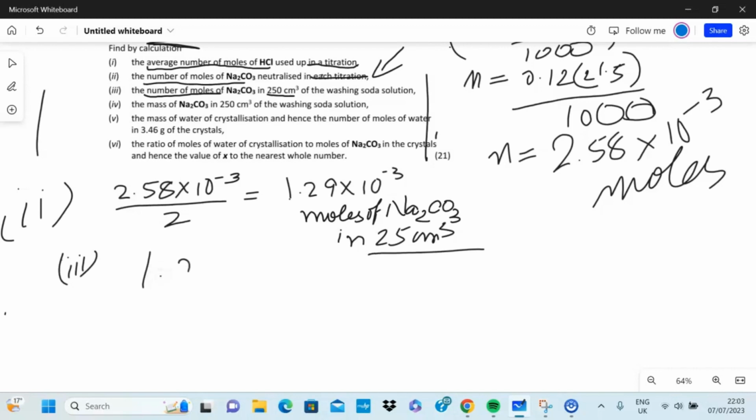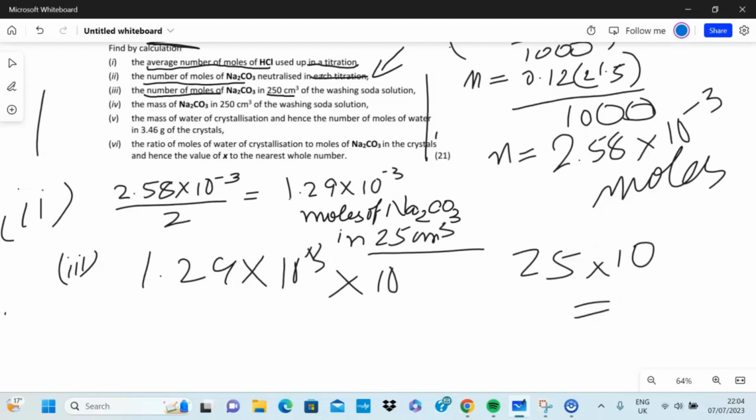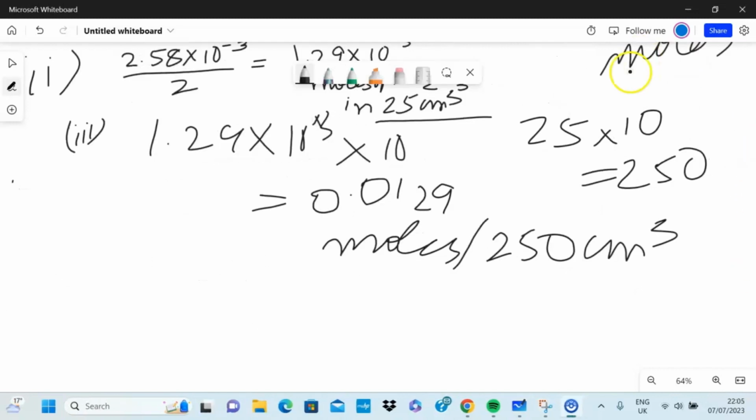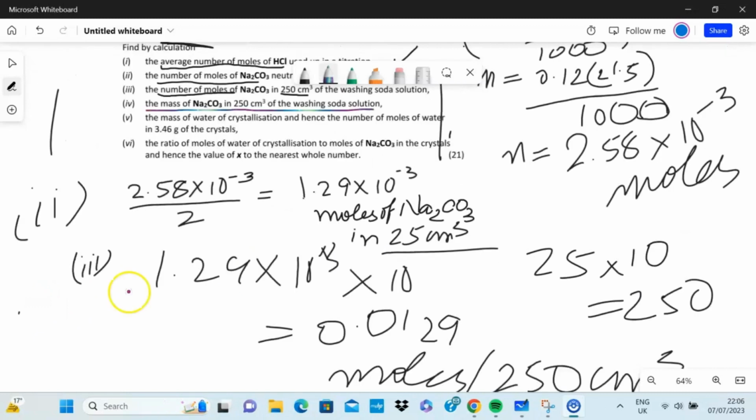So you multiply 1.29 times 10 to the power minus 3 by 10, because 25 multiplied by 10 is equal to 250. That would give you 0.0129 moles per 250. Remember, this is not the same as molarity. It's not big M because it's not per 1,000. If you want to find that, you have to multiply by 4, but that doesn't affect us now.